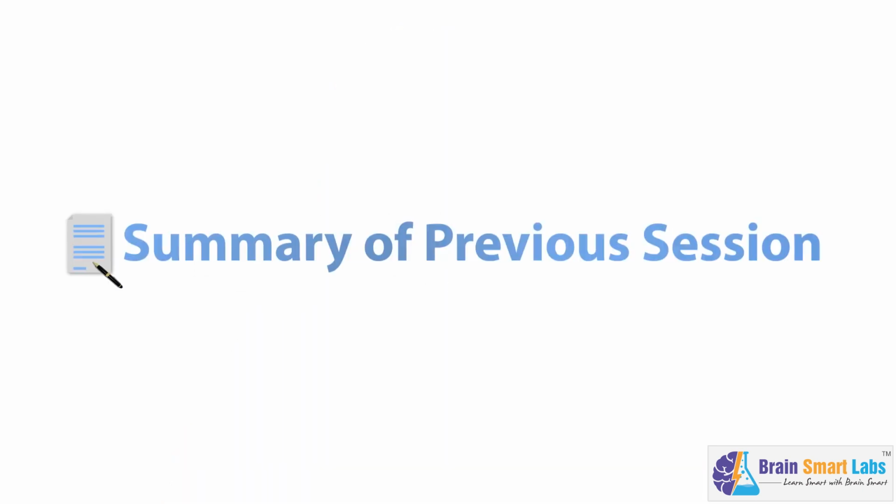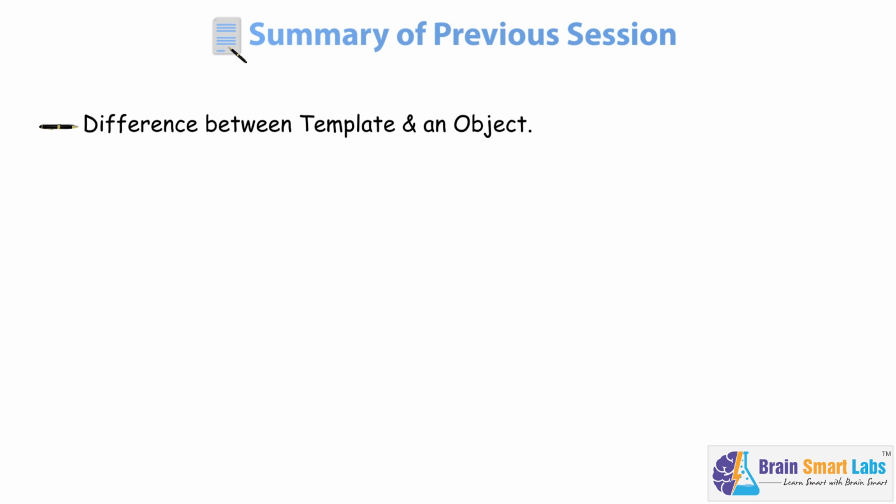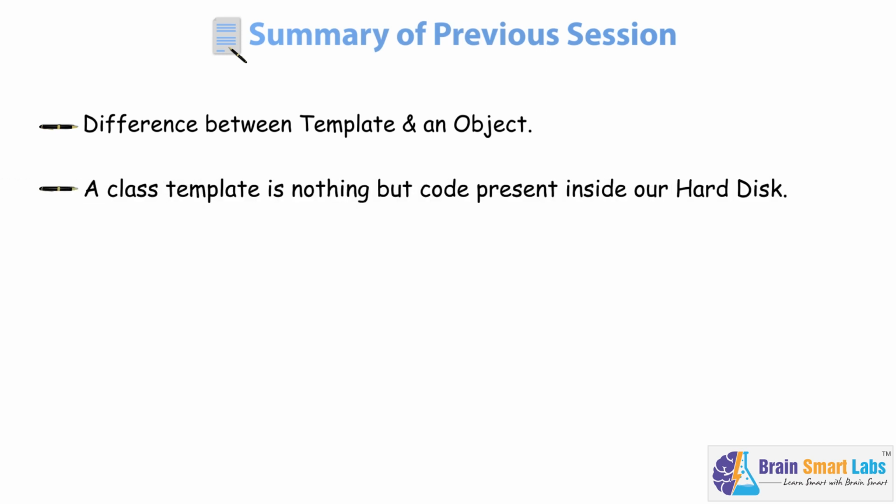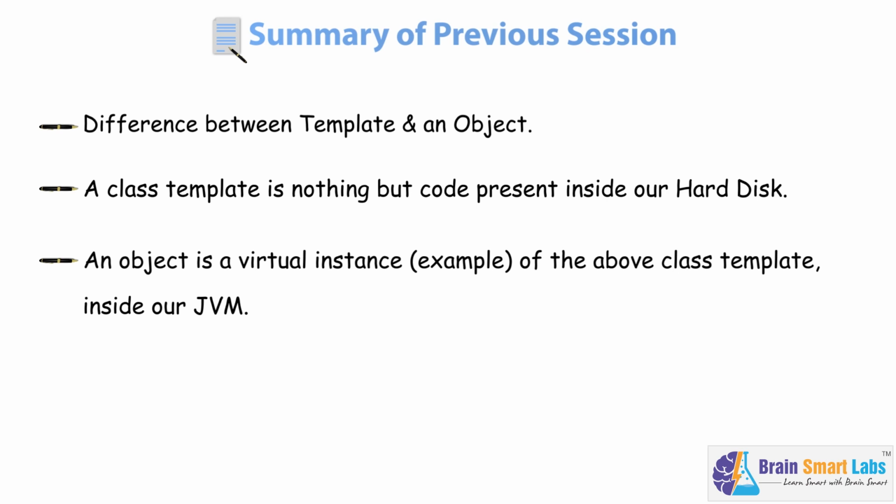Before we start with today's topic, let us take a quick recap on what we did in our previous session. In our previous session, Understanding Encapsulation, we first saw the difference between a template and an object. Here we understood a class template is nothing but a source code or a bytecode present inside our hard disk, whereas an object is a virtual instance or an example of that class template inside our JVM on which we can actually work.